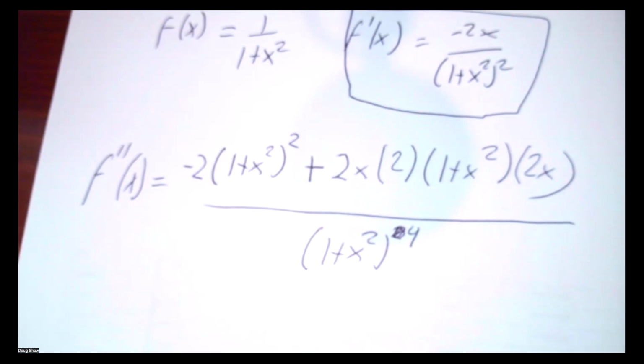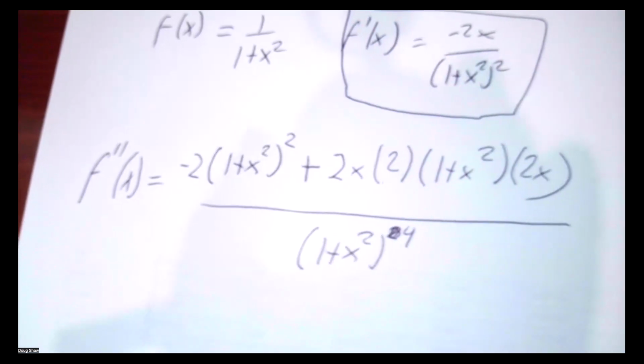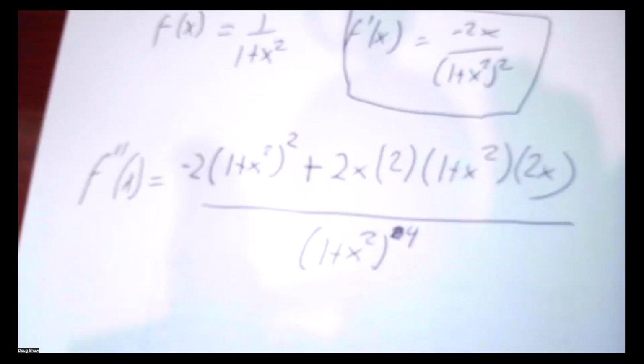So that becomes to the 4th. We get a little lucky in that I can cancel a 1 plus x squared from everywhere.